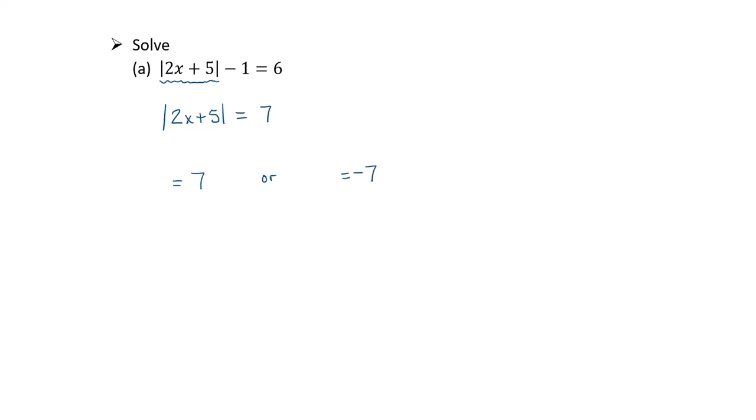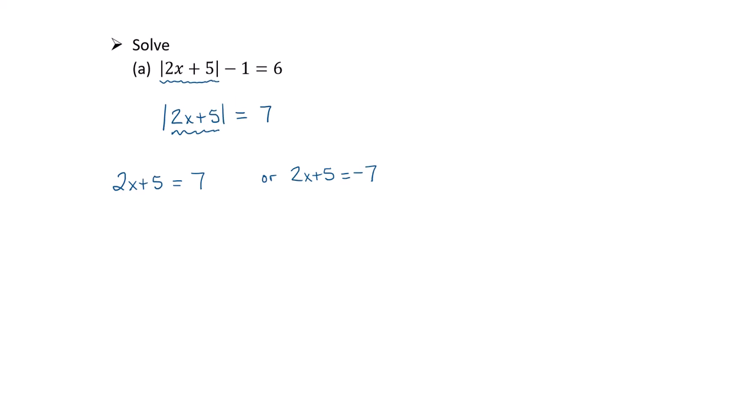And what was that thing? That thing was 2x plus 5. Again, the absolute value of this is 7. So the value, without absolute value signs, must be 7 or negative 7 for us to have taken the absolute value of it and gotten a 7.